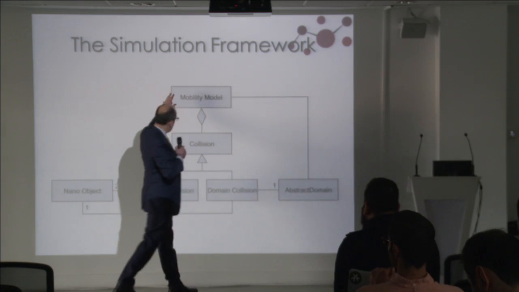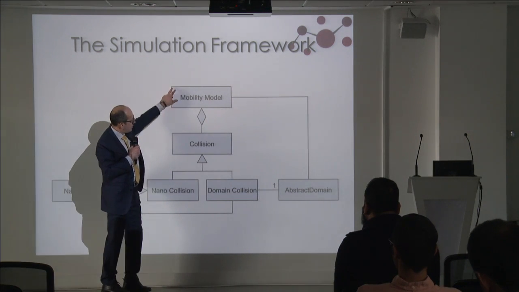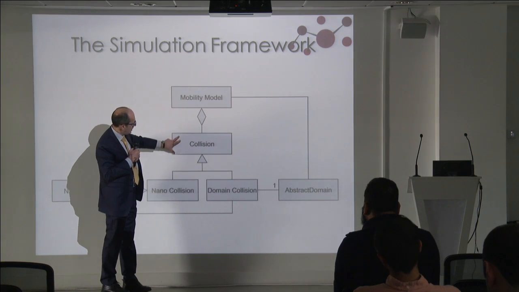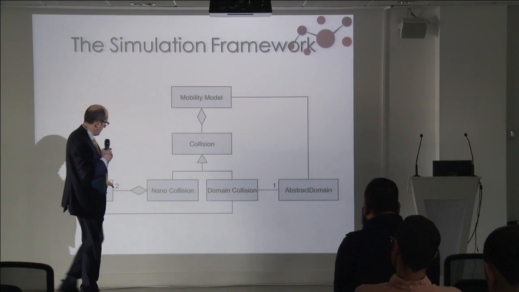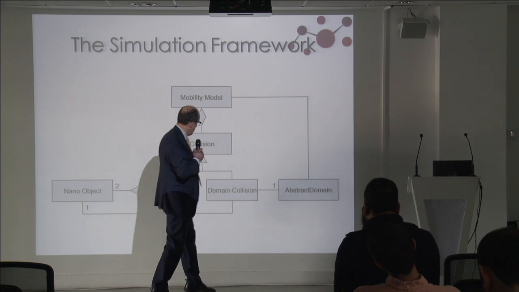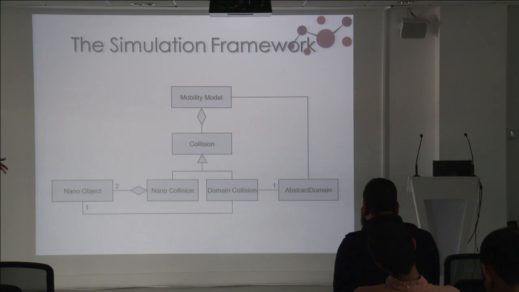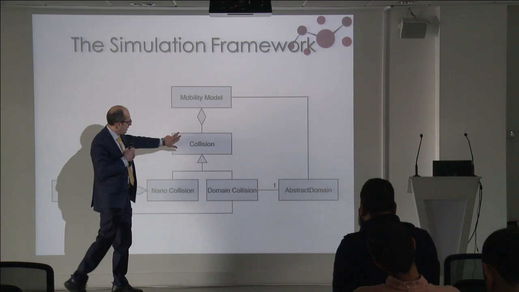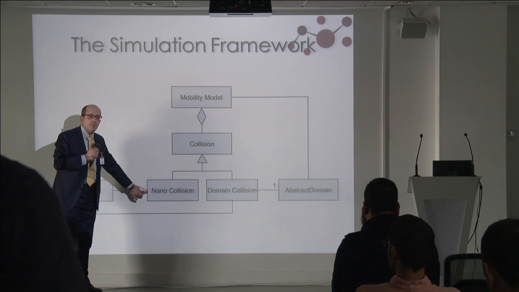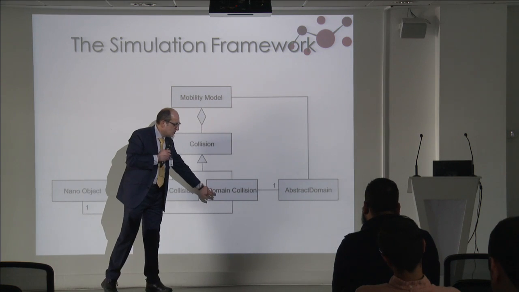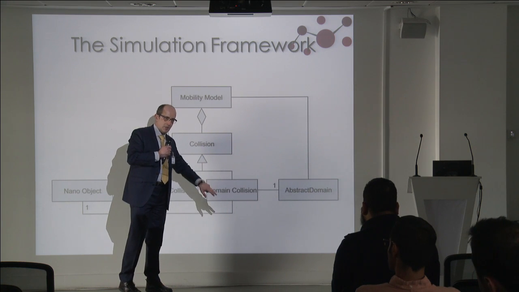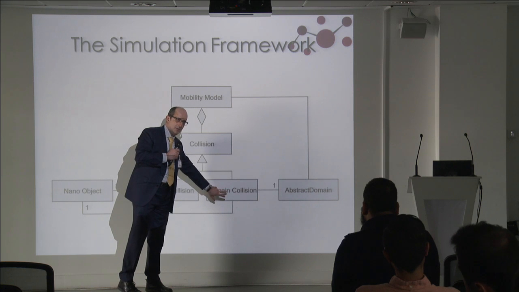We have a mobility model with a many-to-one relation with the collisions. So the mobility model can handle a collection of possible collisions. In this example, we also show the cardinality. A collision could be specified as a collision between particles or a collision between a particle and a domain. This, in part, answers your question from before; this is the first step of the answer.